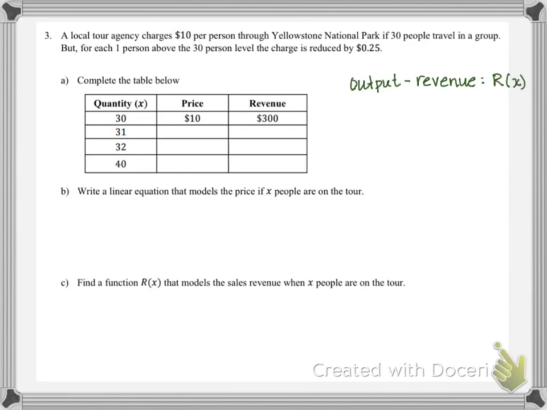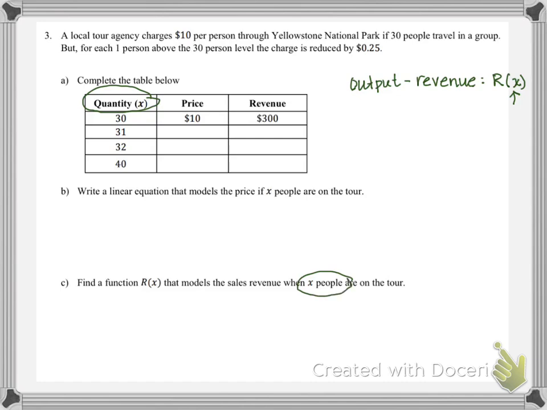And then what's the input of that function going to be? What variable is the input? It's X. Yeah, good. So we see here that our input is X, and then right here it tells me that that's quantity. It also tells it to me here.